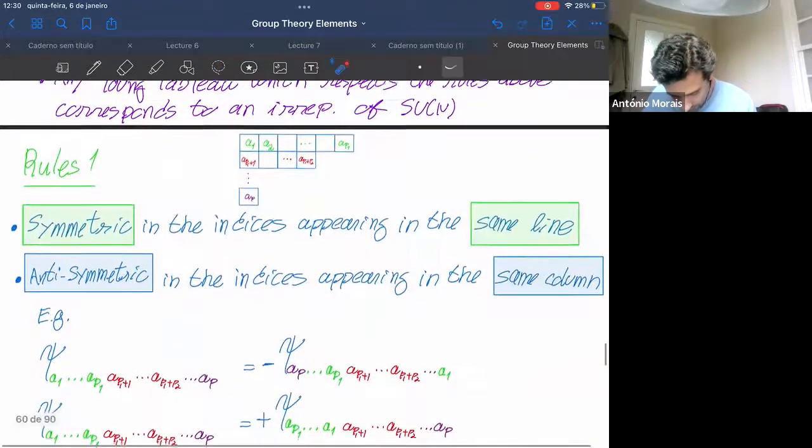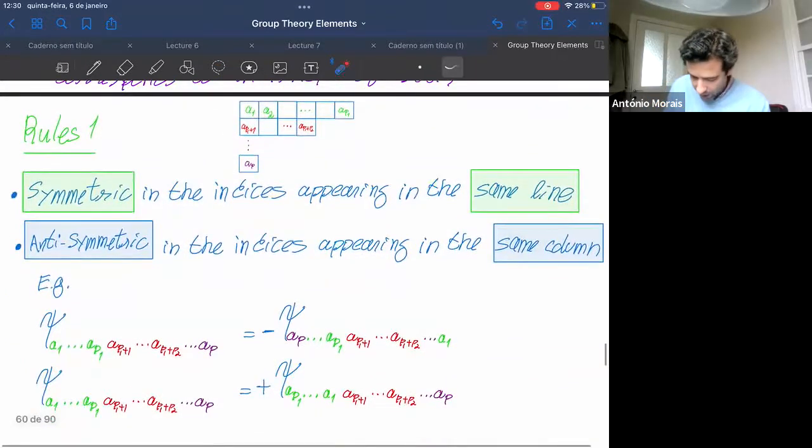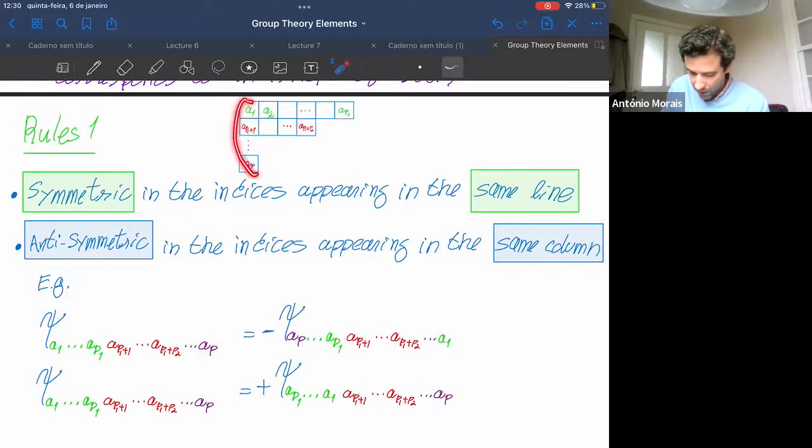So this is an example. Here we are flipping a 1 with a P, and you get a minus sign because they are on the same column. And below you are flipping two indices, so AP1 with A1, and this is a plus sign because it's symmetric in this interchange of parameters.